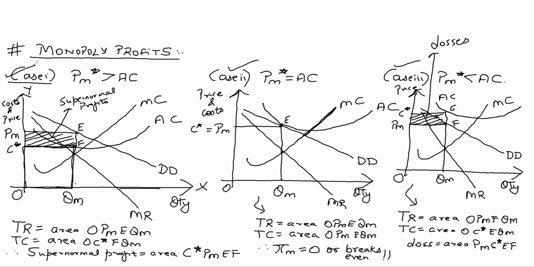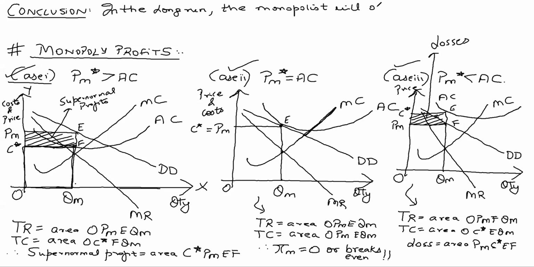So the point to understand here is the conclusion: in the long run, the monopolist will operate only when the price charged by the monopolist exceeds the average cost.